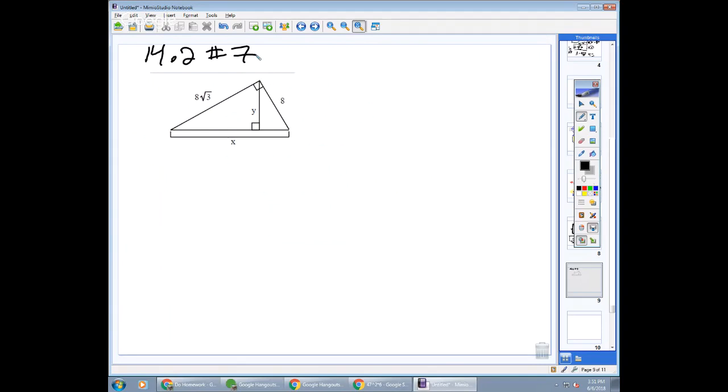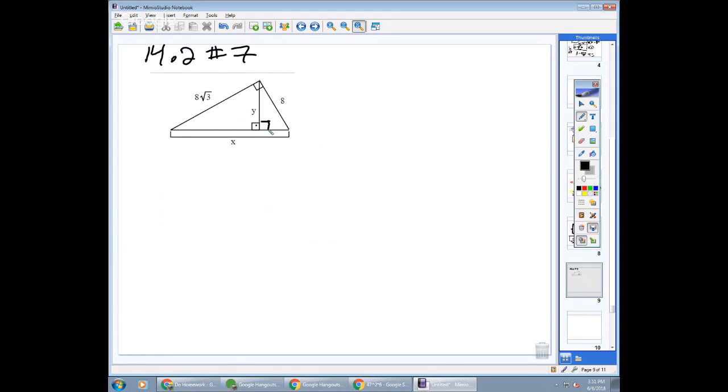All right, so we need to find X and we need to find Y. And we have how many right triangles here? 3. Yeah, if that's a right angle right there and this is a straight line, then this has to be a right angle too right there. So it turns out we have 3 right triangles to play with here to try and puzzle this out.